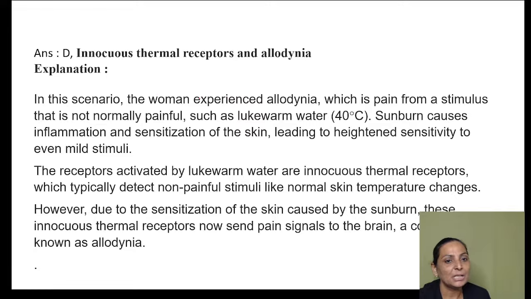So, the woman experienced pain from a non-painful stimulus, which is called allodynia. So, pain from a non-painful stimulus, that is lukewarm water.